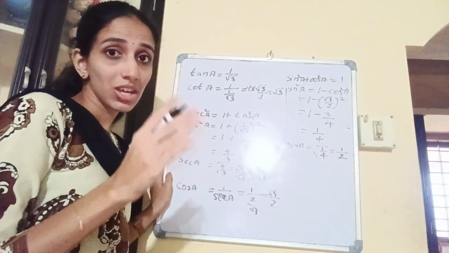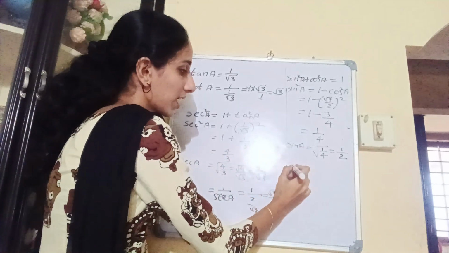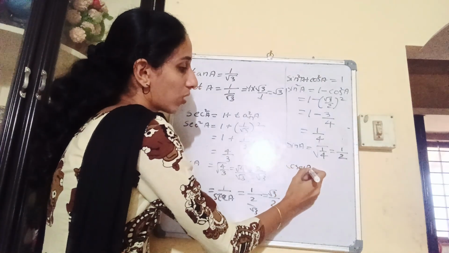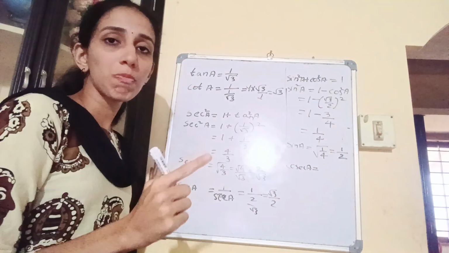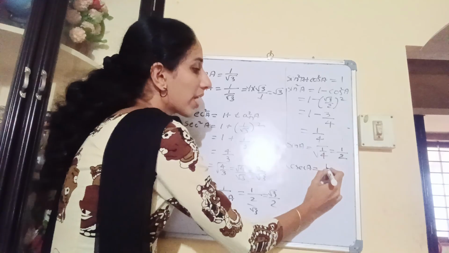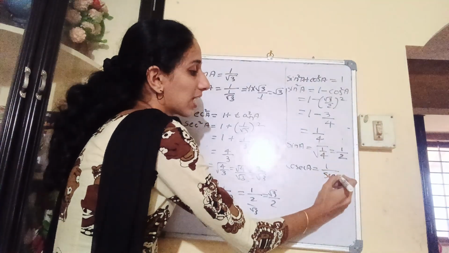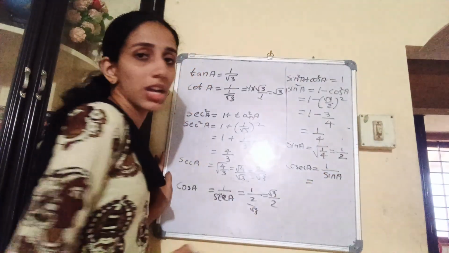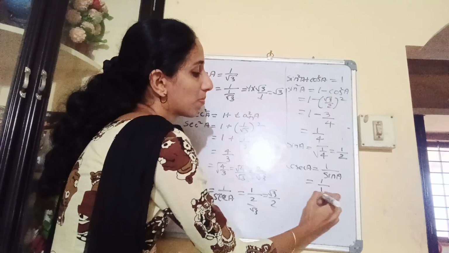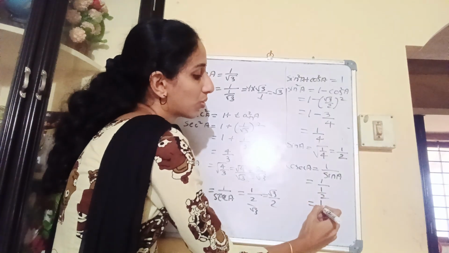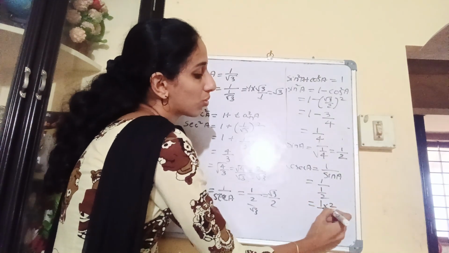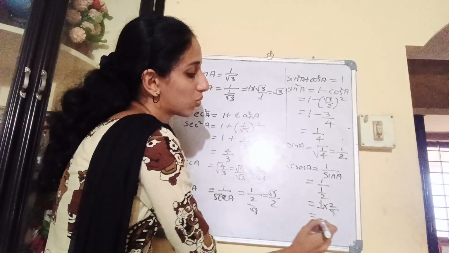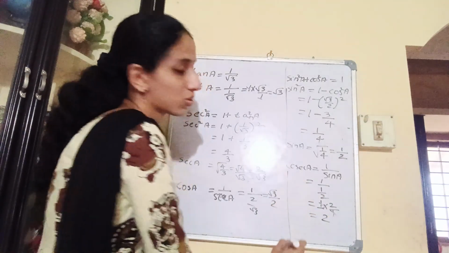Yes, it is cosec A. So you can find cosec A. What is cosec A? It is the reciprocal of sine, that is 1 by sine A. So it becomes 1 by 1 by 2, which is equal to 1 into 2 by 1. So we can cancel these two ones and the answer is 2.